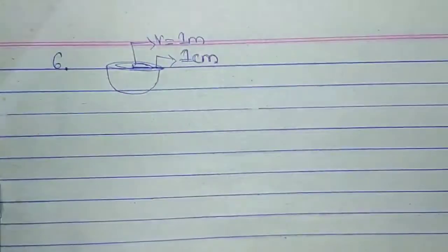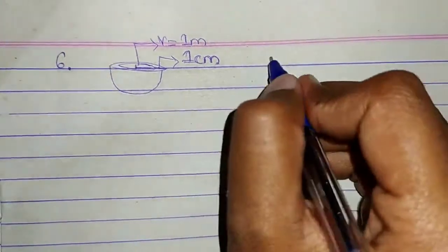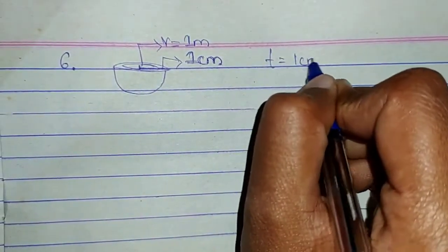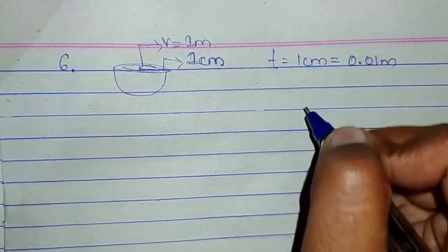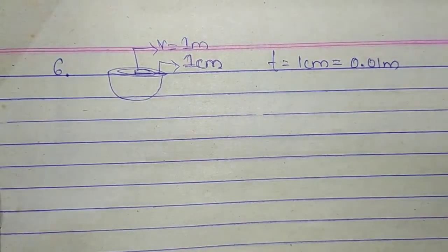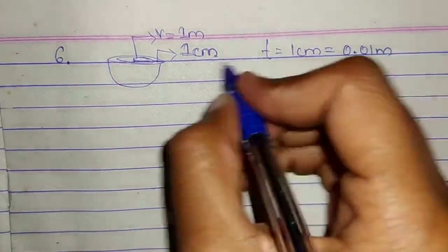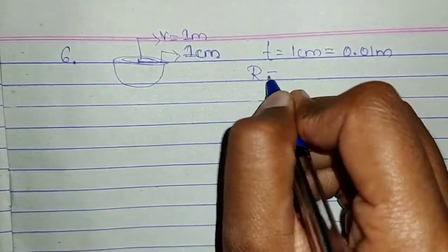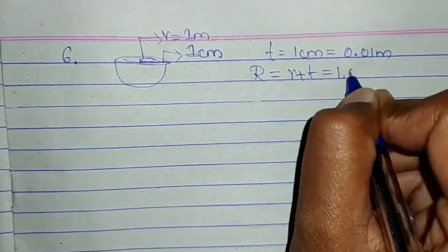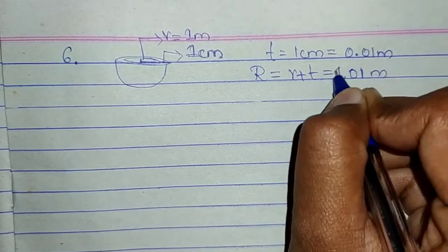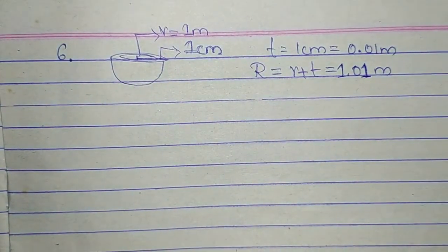Since the thickness is 1 centimeter, in meters it will be 0.01 meters, because the conversion from centimeter to meter is dividing by 100. So now the whole radius, the big radius, is equal to r plus t, which is 1.01 meters. This is the complete radius of the tank.